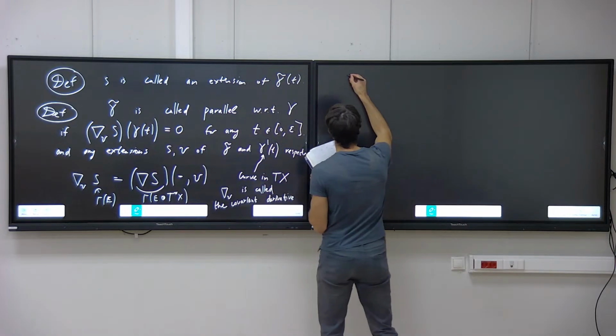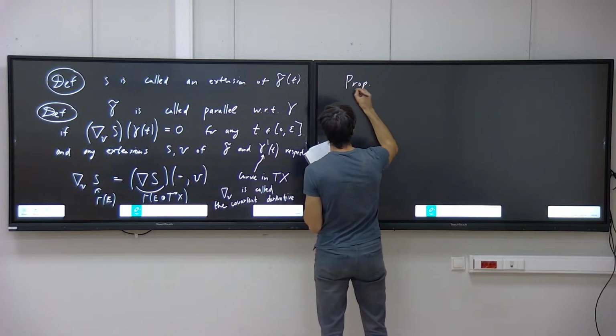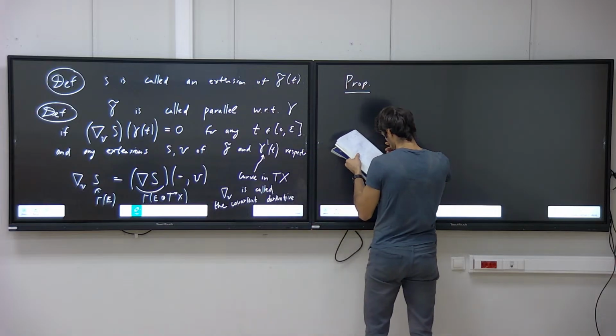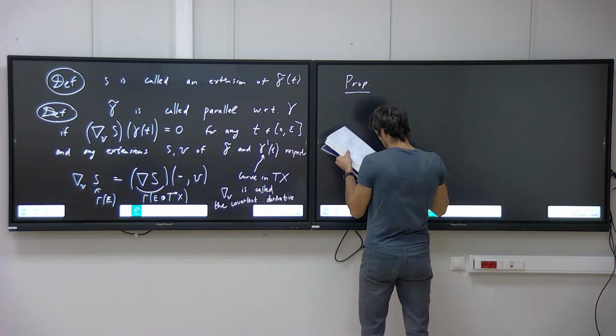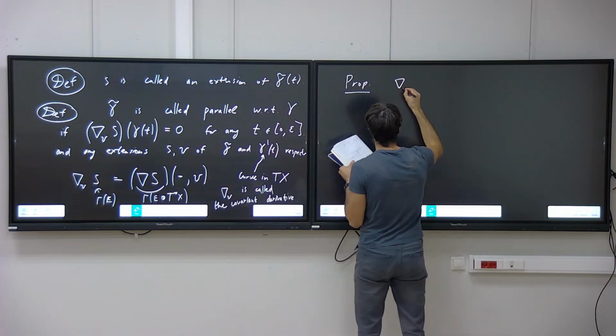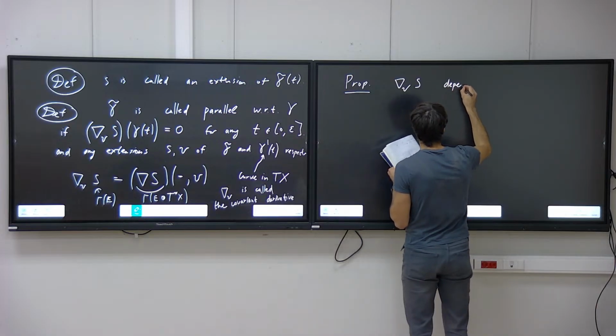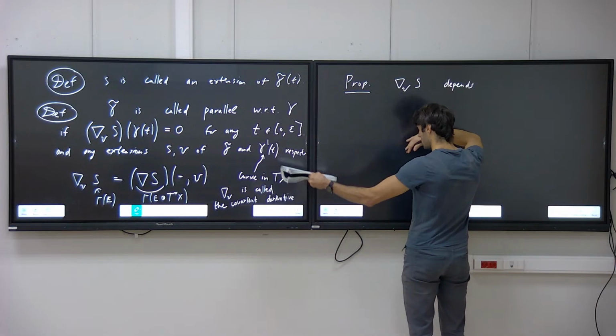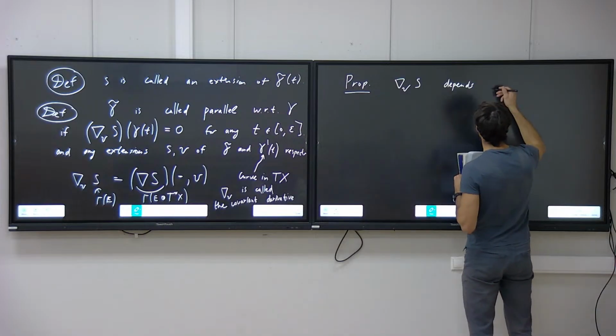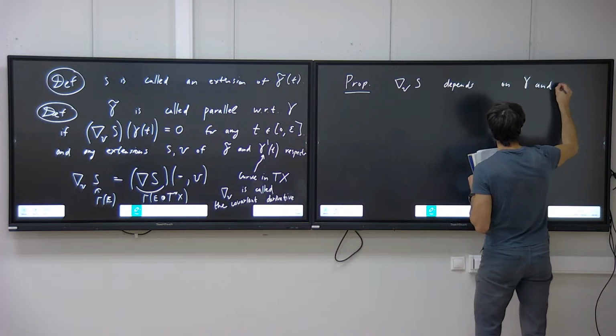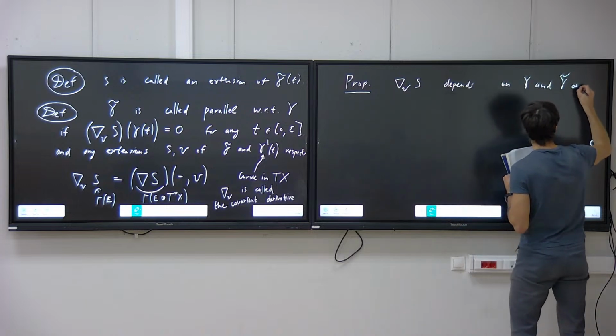And so my statement is that nabla_V S depends, again in this setup, on gamma and gamma tilde only.